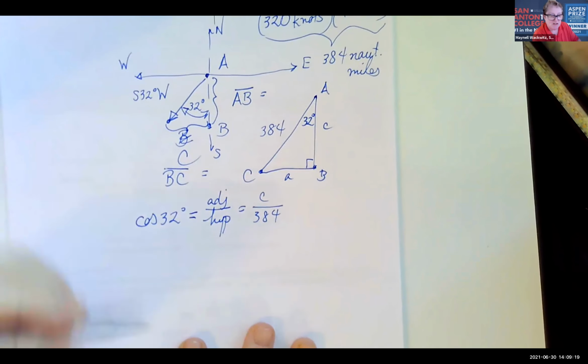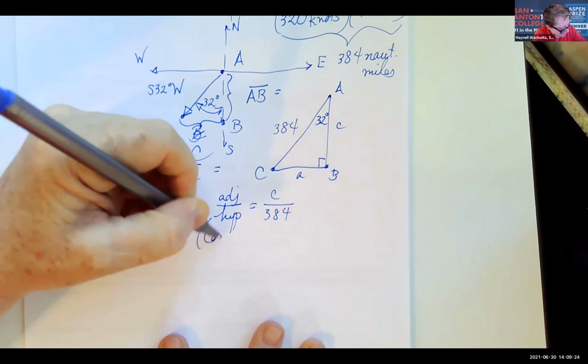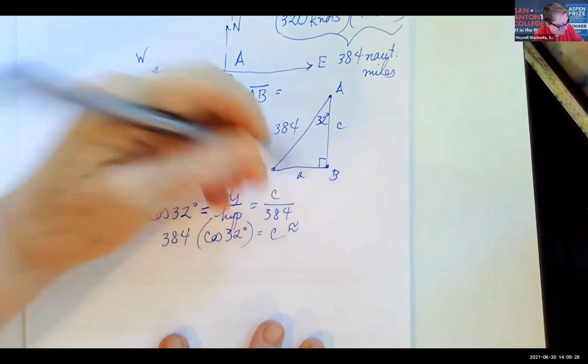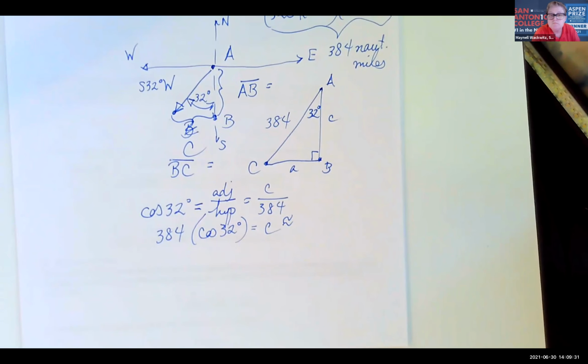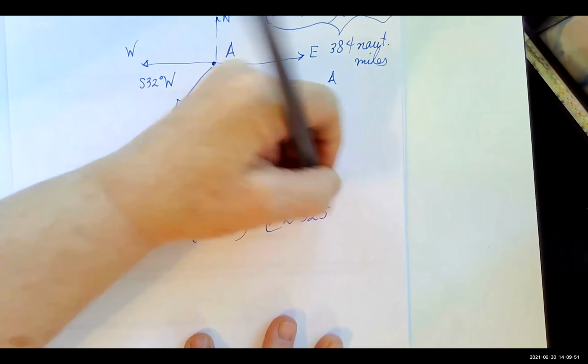So if we multiply both sides by 384, we find that c is approximately 325.7.